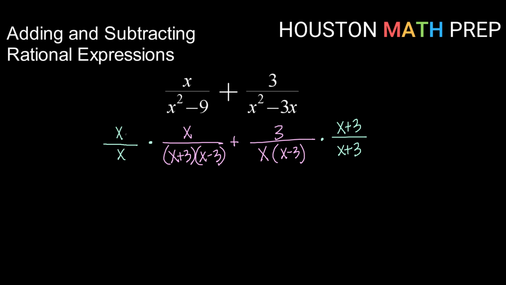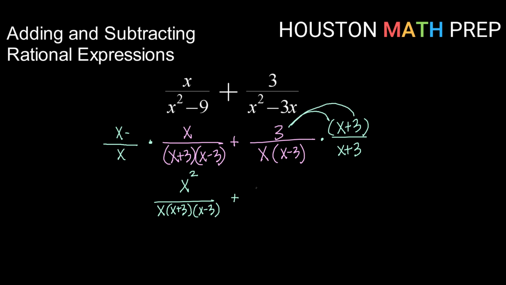So multiplying straight across, x times x makes x squared over. In my denominator, I'm going to go ahead and leave those in factored form. So I'm just going to write it as x times x plus 3 times x minus 3 plus, in my numerator here, I need to distribute my 3.